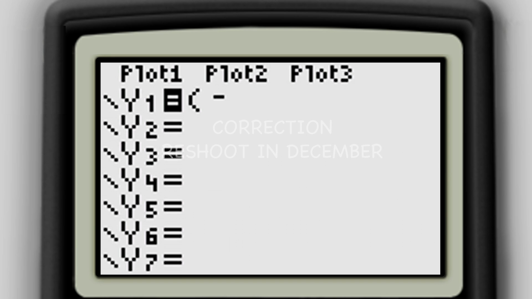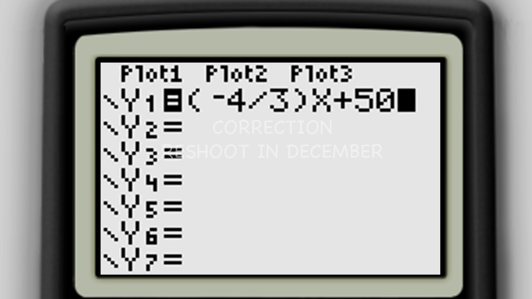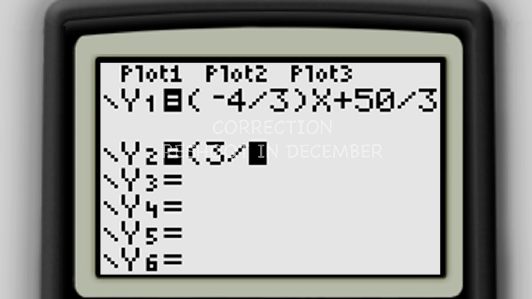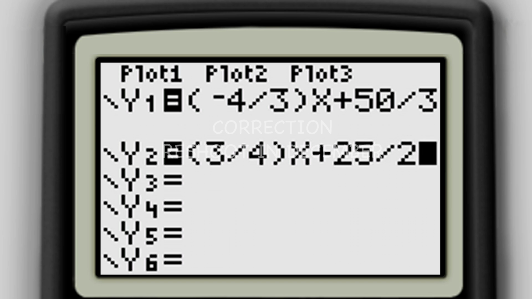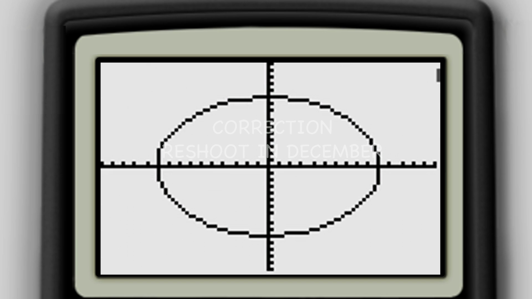So we'll enter -4/3 x plus 50/3. And then we'll also graph 3/4 x plus 25 halves. And when you graph them, you should see both lines and the circle all on your viewing screen.